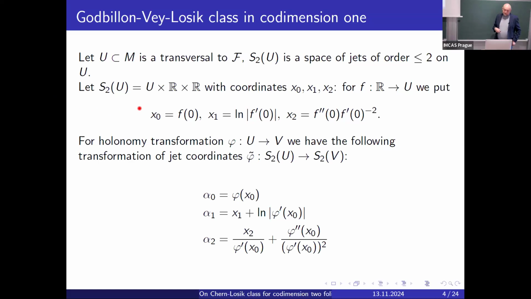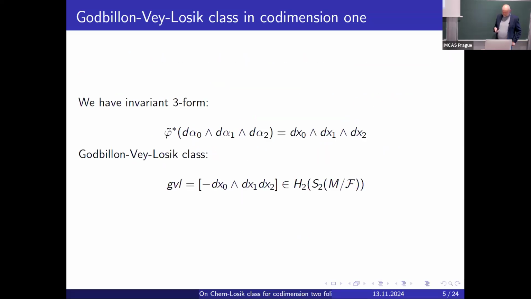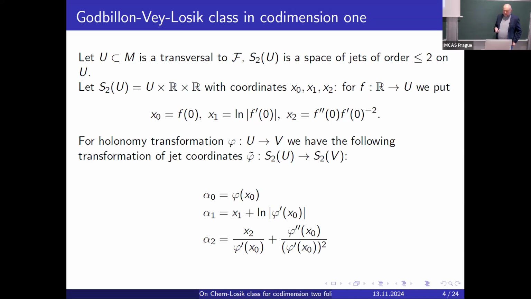So S2 of U, in fact, is diffeomorphic to U cross R cross R. U is the transversal, and we have two coordinates, x1 and x2. So for any smooth map f from R to U, x1 is the logarithm of the first derivative, and x2 is the second derivative divided by f prime squared.